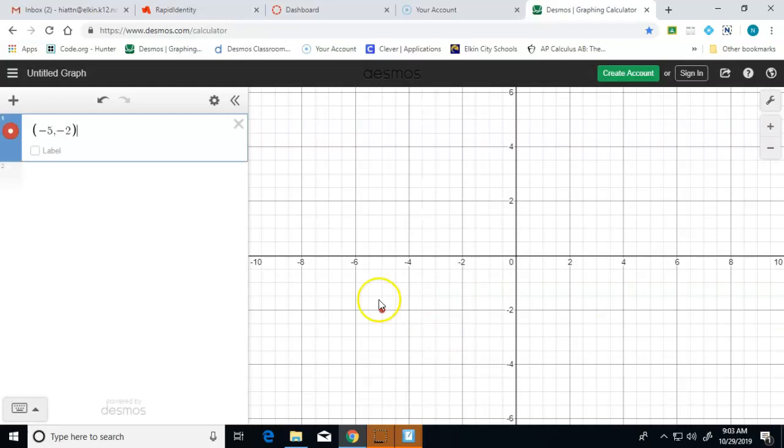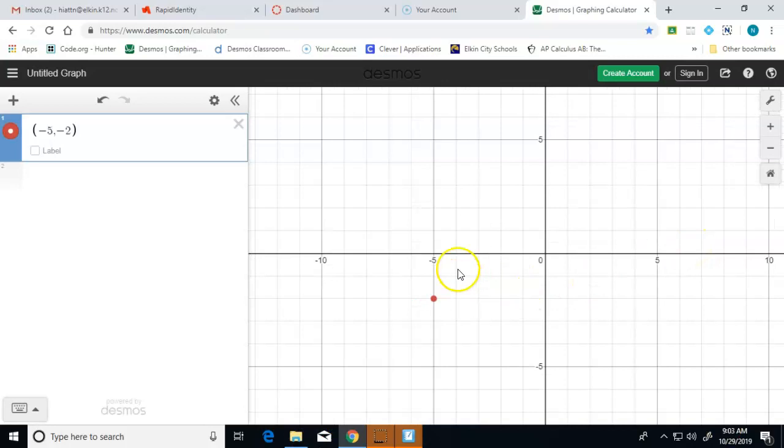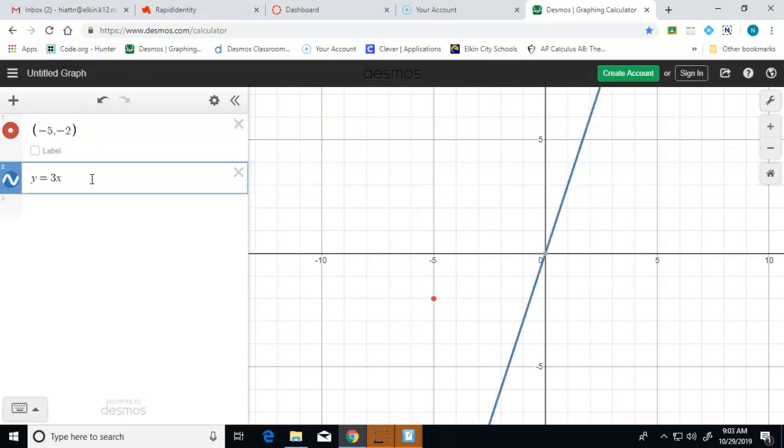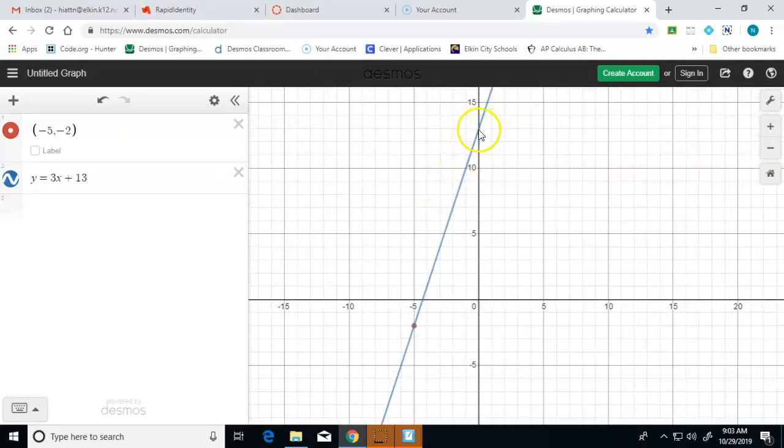There's a slope of 3, so it would go up 3 over 1, up 3 over 1, up 3 over 1. And if we graph the line that we got, y equals 3x plus 13, we can see right there at 13 is our y-intercept. And it goes through this point and it has a slope of 3.